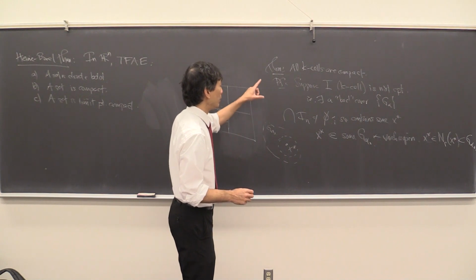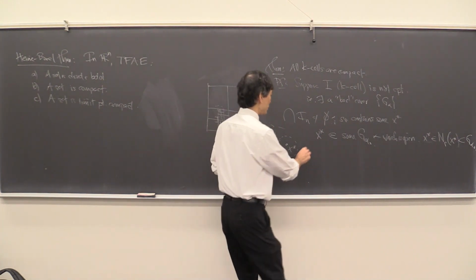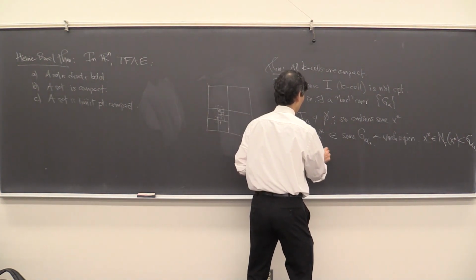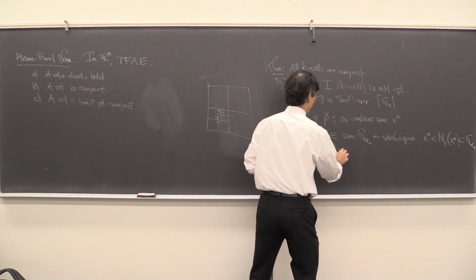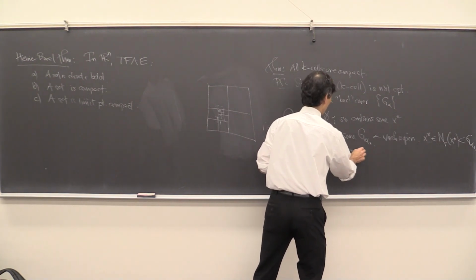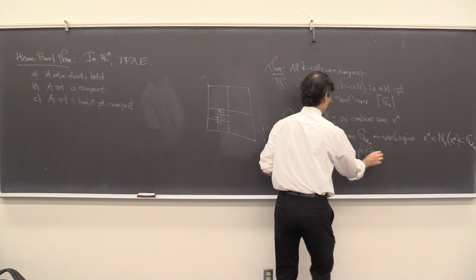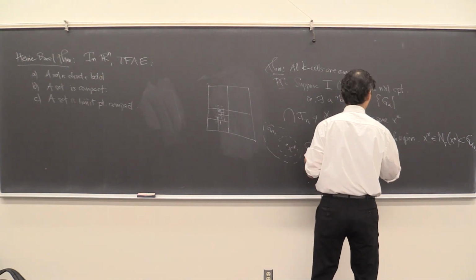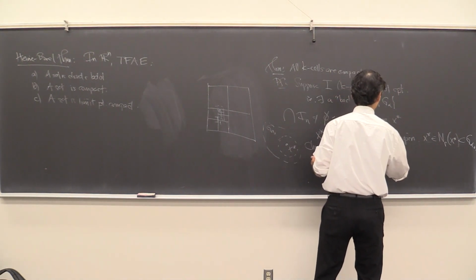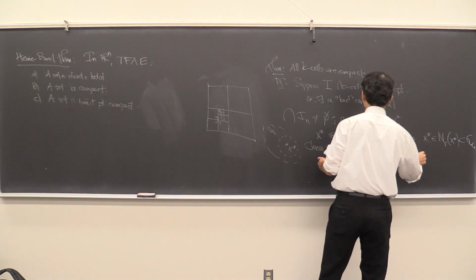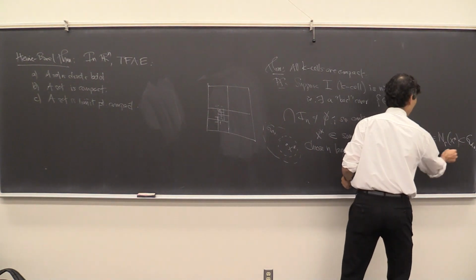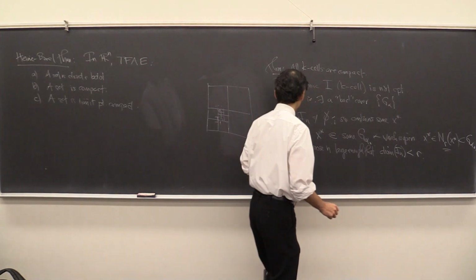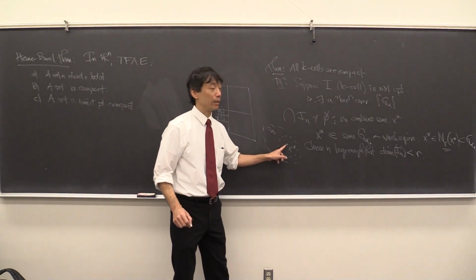But now choose n large enough that the diameter of I_n is smaller than the radius of that neighborhood, right?